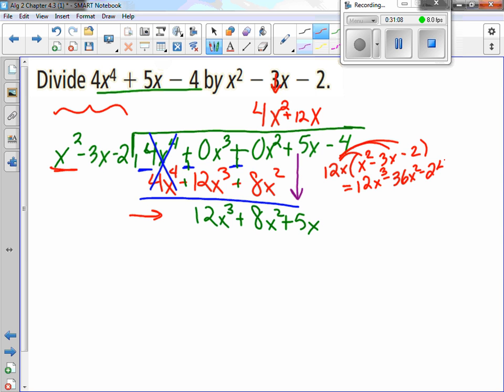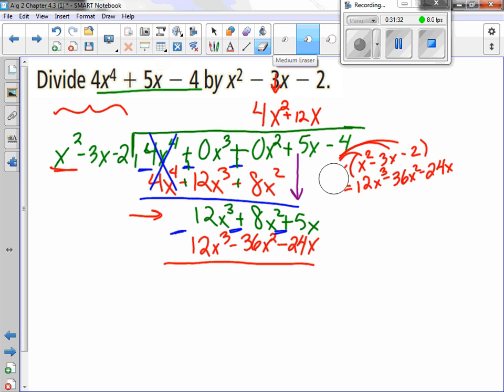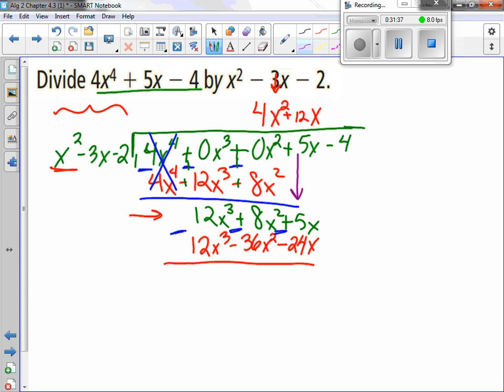Then we'd have minus 24x. Yes. And then, like the last one, we're going to subtract. Well, 12x cubed minus 12x cubed will cancel.